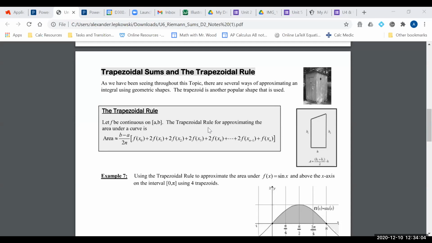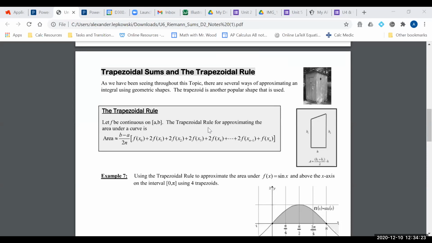Riemann sums is restricted to the rectangles. So using a rectangular approximation, there are other approximation schemes. Now, don't copy all of this down on your papers.